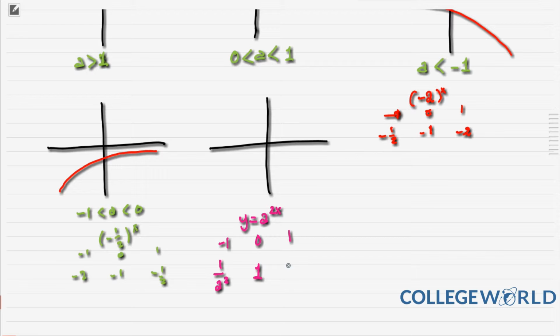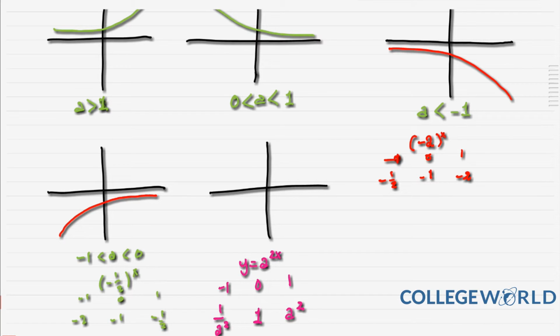So you're increasing, but if a is 2, then this is going to be 1 over 4, this is 1, and this is going to be 4. As you see, the change is quicker, it's steeper. Increasing x by 1 makes it double. So if this is your normal graph, then you're going to get closer to the x-axis here, and faster up the y-axis here. And this is what makes it stretch on x.